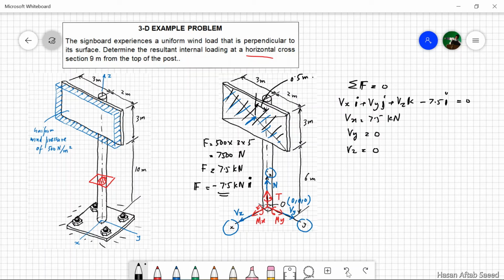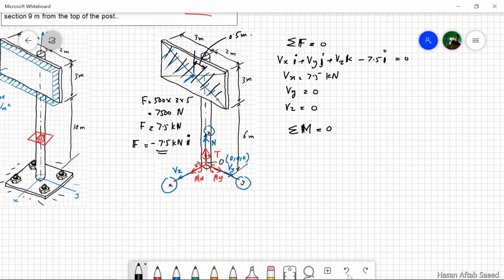Now let's take up the moment equation. Again, just one equation because we are dealing with vector equations. Mx i plus My j plus T k. Now there's only one force that is not passing through point O, and that force is the wind force. So we need only worry about the moment produced by this force in addition to the three couple moments and reaction.